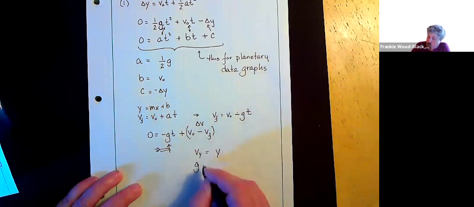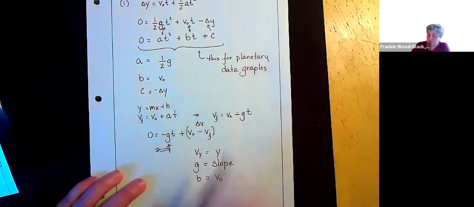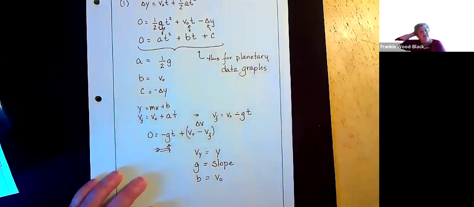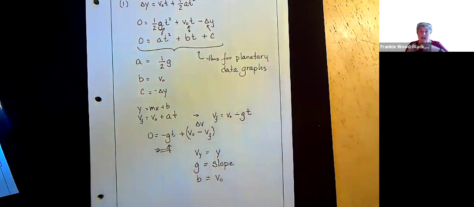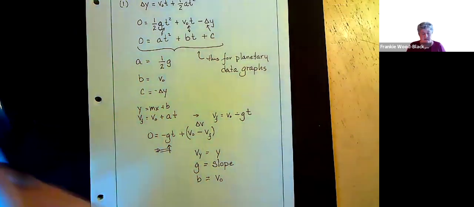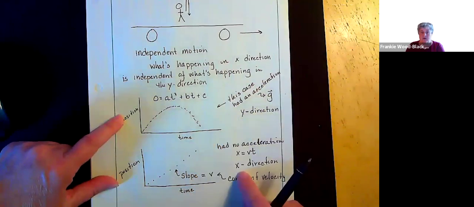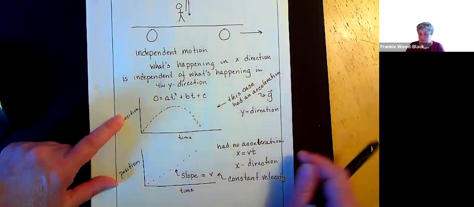My acceleration, or my g, is equal to the slope. And my b is equal to my initial velocity. So we can read actual scientific information from our graph. And we showed with our basketball graph that we have independent motion.